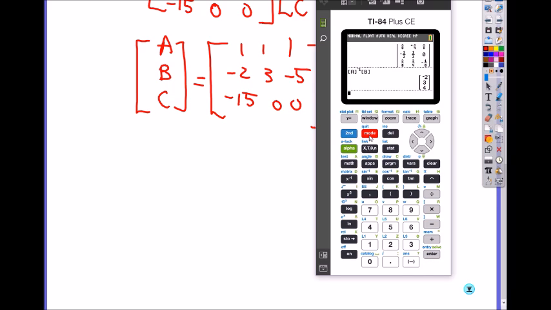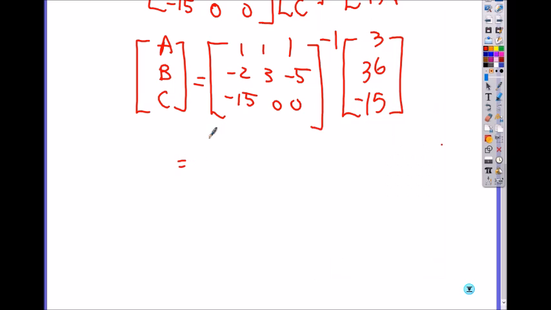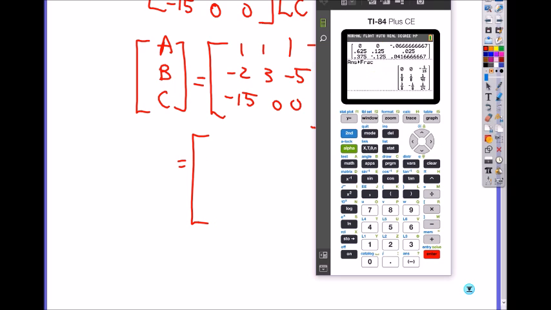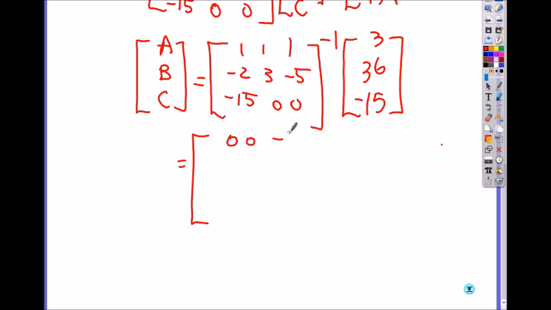And I want to find the inverse first because you have to write it down. So do second matrix A, and then raise it to negative 1, inverse. Press enter. Oh. You have to give me exact numbers, meaning you have to change these to fractions. So hit math, fractions, enter, enter. So that becomes 0, 0, negative 1 over 15.